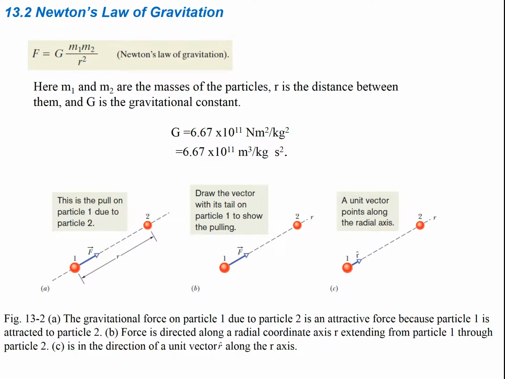Now, before we were writing our forces equal to ma, and usually this a was g when we were talking about gravity. We said the acceleration due to gravity is 9.8 meters per second squared. However, that is actually gravity only at the Earth's surface.